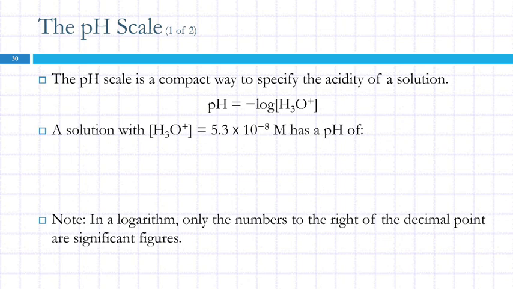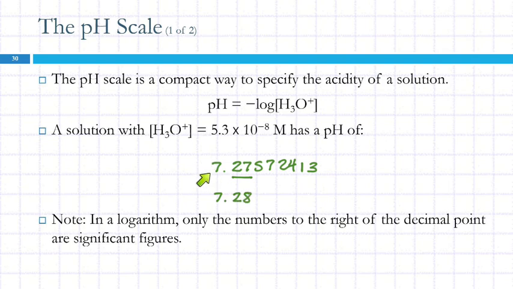So I accidentally erased what I had written here. Oh, I got the number in my calculator. 7.2757241. That's what my calculator's showing me. And I want to round it to 2 significant figures because that's what my concentration has. These are the 2 sig figs. So we're going to report that as 7.28.